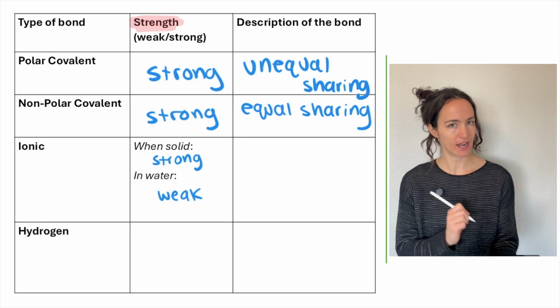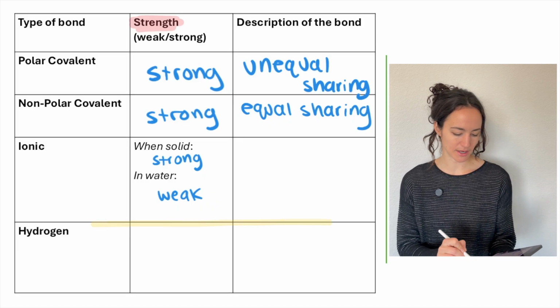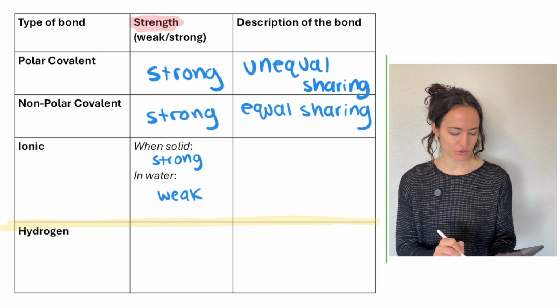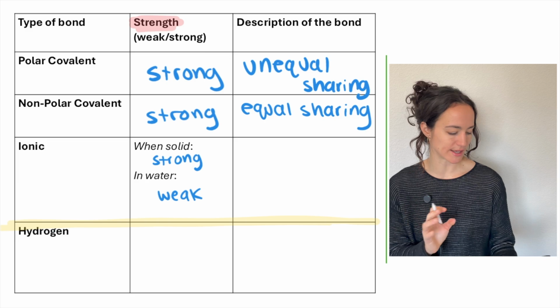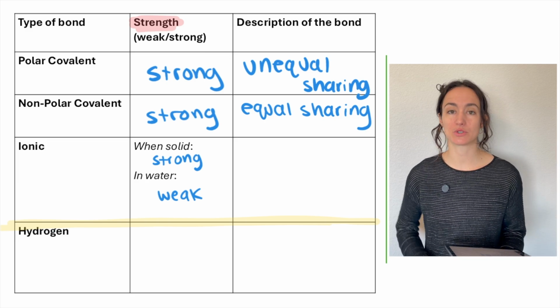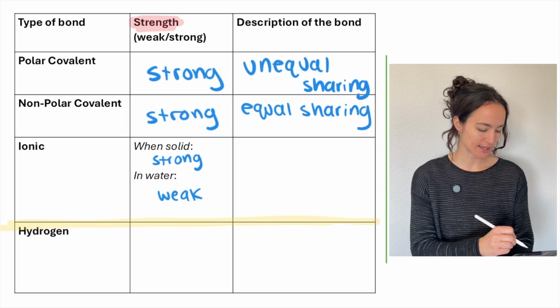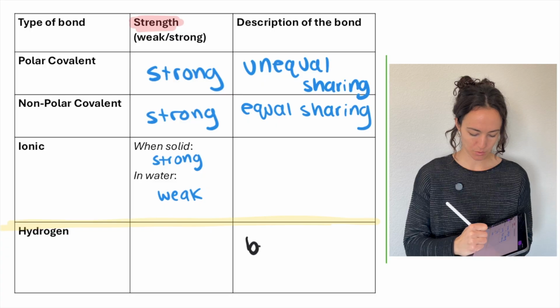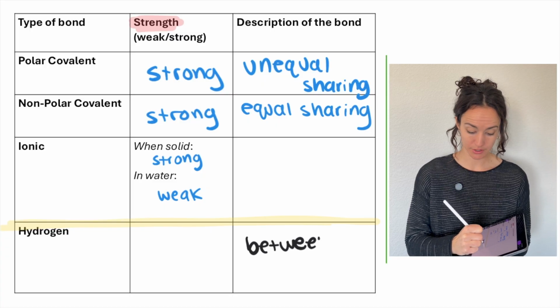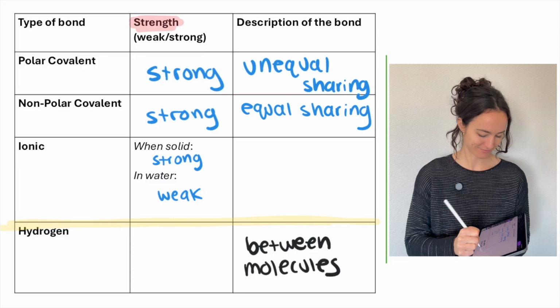And then we have hydrogen bonds. We haven't talked about these yet, and I kind of want to keep them separate because hydrogen bonds are not truly in the same category as our ionic and covalent bonds. Ionic and covalent bonds tell us what's happening between atoms in molecules or compounds. Hydrogen bonds happen between molecules, usually.